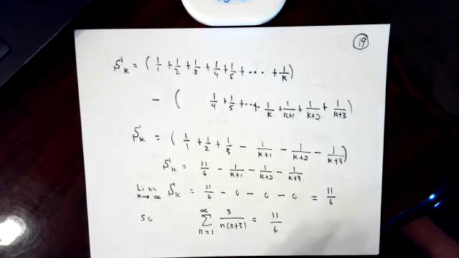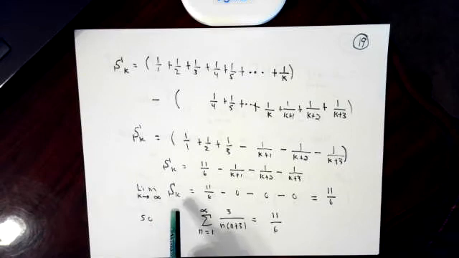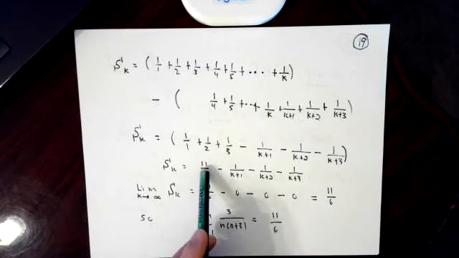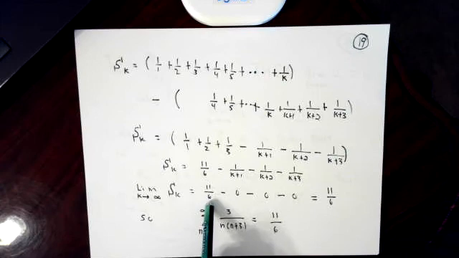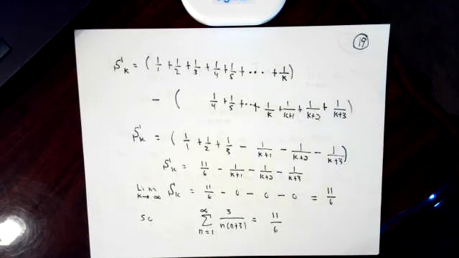S sub k is a constant with 3 things subtracted away from it, not an infinite number of things, just 3 things. If you take the limit as k tends to infinity of S sub k, that's a constant, so its limit is 11/6, and each one of these 3 things tends to 0 as k tends to infinity.